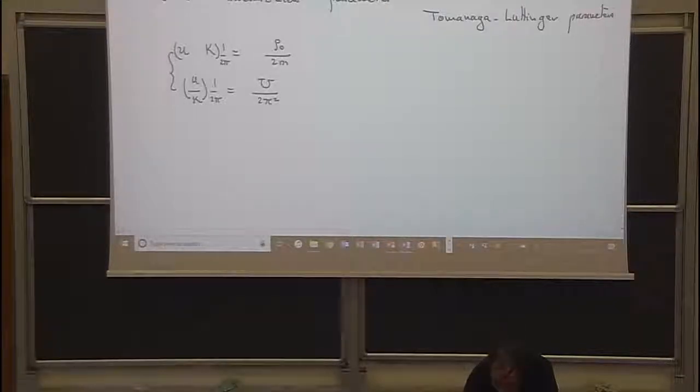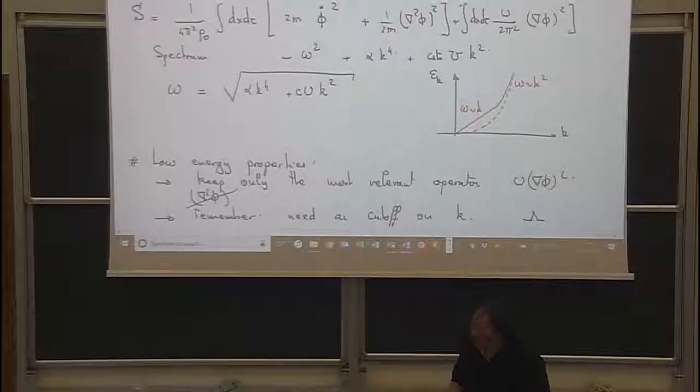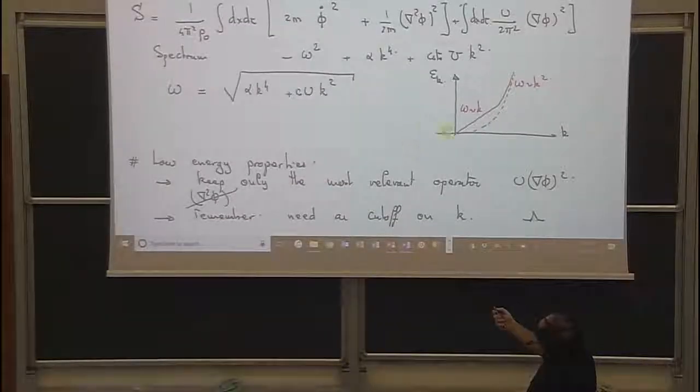So if I want K, I do the ratio of these two numbers. So K is behaving as 1 over square root of U, and the velocity u is behaving essentially as square root of the interaction. So the lower the interaction, the more flat is the velocity here. And of course, if the interaction goes to 0, the velocity becomes 0.